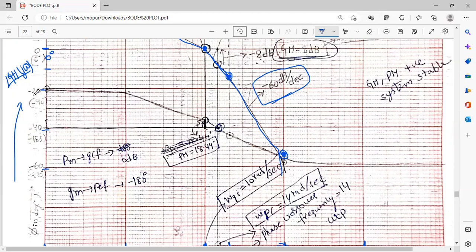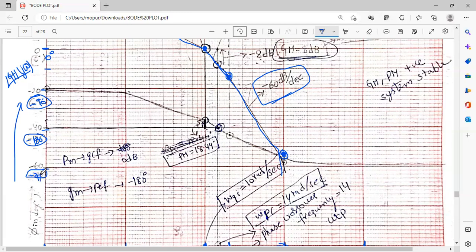This is minus 20 that I had taken. So this is minus 90, this is minus 180, and this is minus 270. Again, minus 90, minus 180, and minus 270.